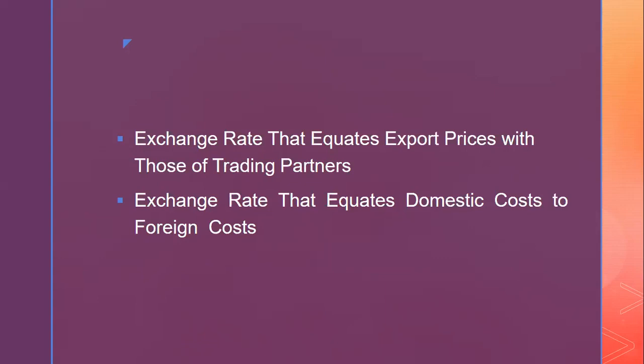Theoretically then, this rate should ensure a level playing field among countries in the global market. But in practice, the same export prices do not necessarily translate into the same profit margins in different countries. Because of the problem in the profit margins, the applicability of this definition also can be problematic in the practical scenario.